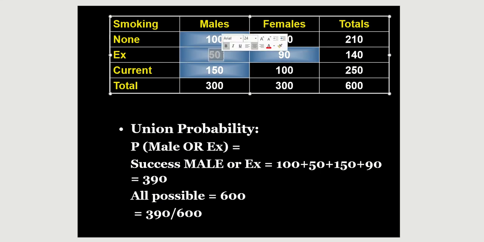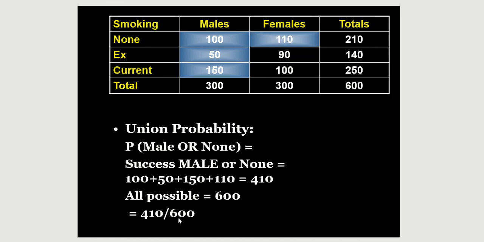So you've counted the 50 twice, which is incorrect. So if you want to take the totals, taking the 300 plus the 140, you would have to subtract one time the 50 because that 50 has been counted twice. Or if you use the simplest way, like just adding the cells like I did, then you won't make that mistake.